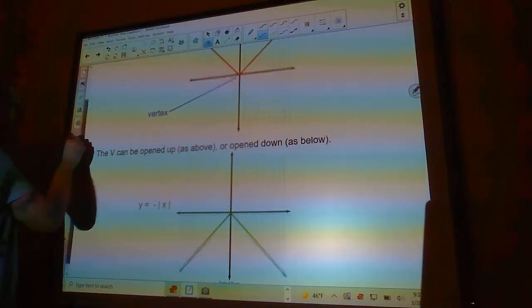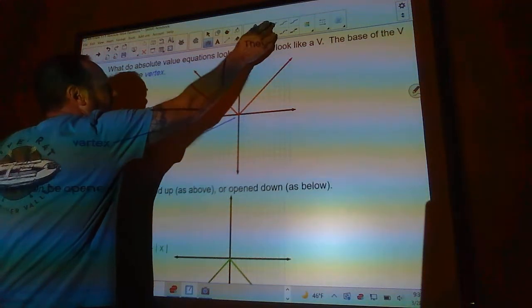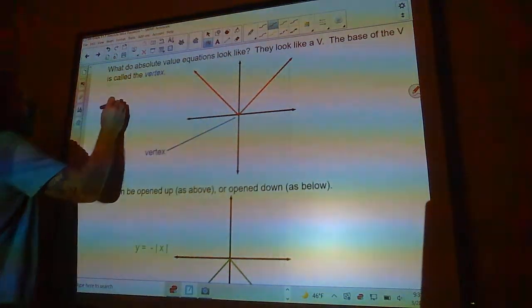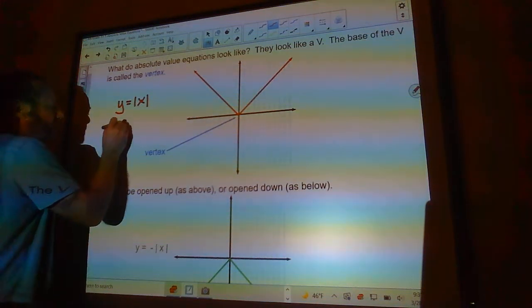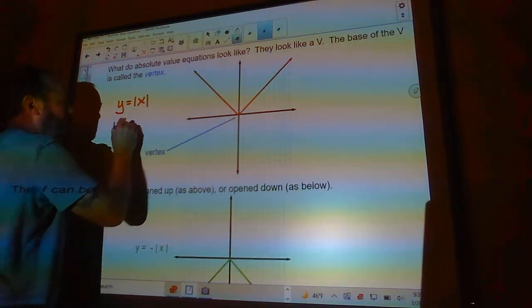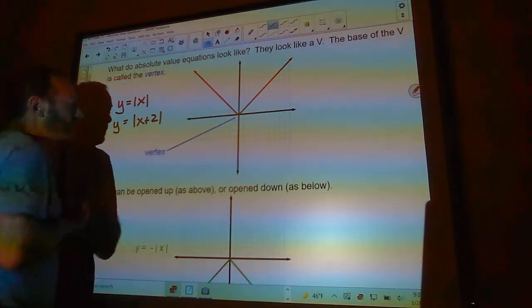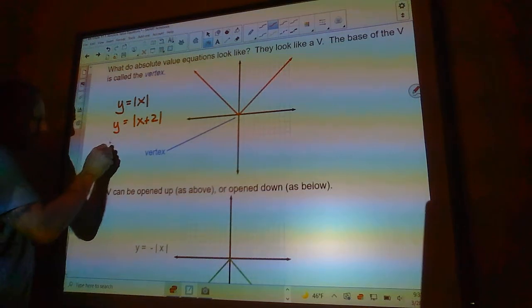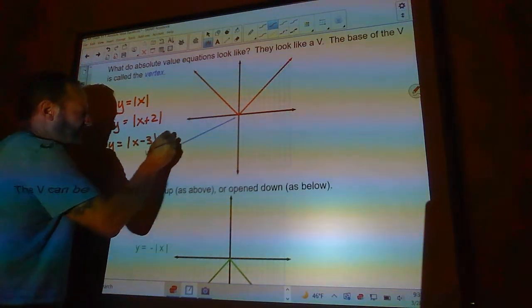So no matter what it looks like, this one is the absolute value of x, but it could be the absolute value of x plus 2, or the absolute value of x minus 3, plus 7.